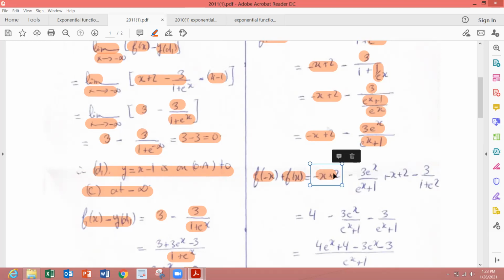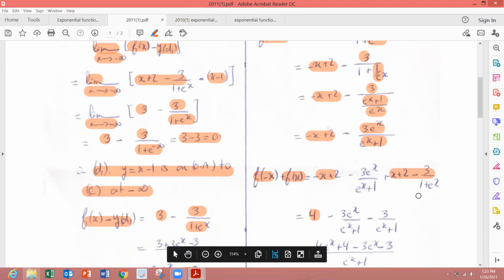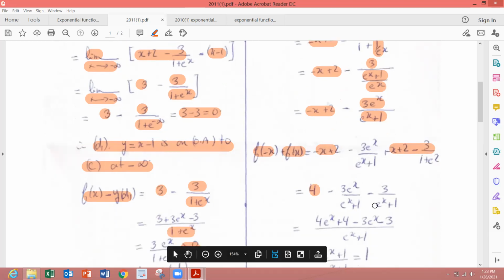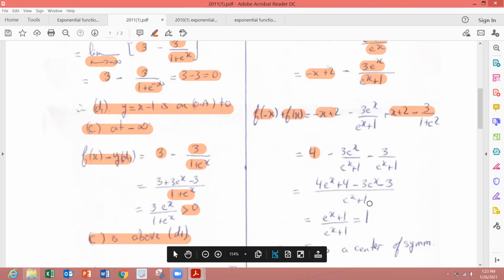This is my f(minus x). f(x) is this one. x minus x is 0. 2 plus 2 is 4. Minus 3e^x over e^x plus 1 minus 3 over e^x plus 1. We take the LCM, which is e^x plus 1.